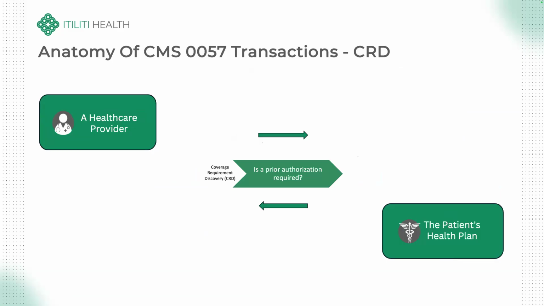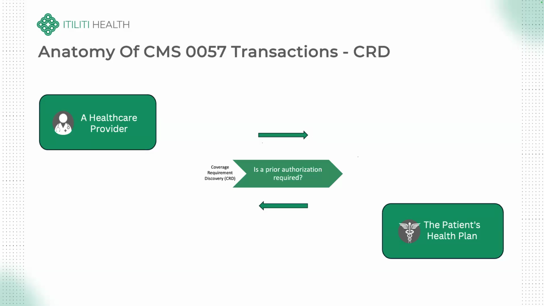So the first transaction that's part of the prior authorization process is the coverage requirements discovery transaction. Ultimately, what's happening in this transaction is the provider is sending a bundle of information to the payer or a payer's system, and that payer system is performing some database queries on their end, and responding back with some information.